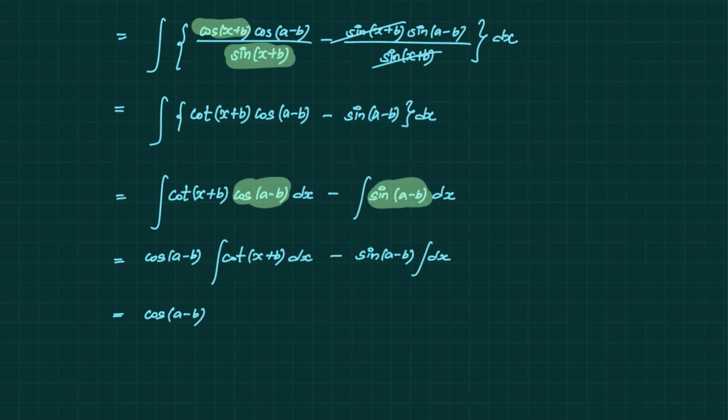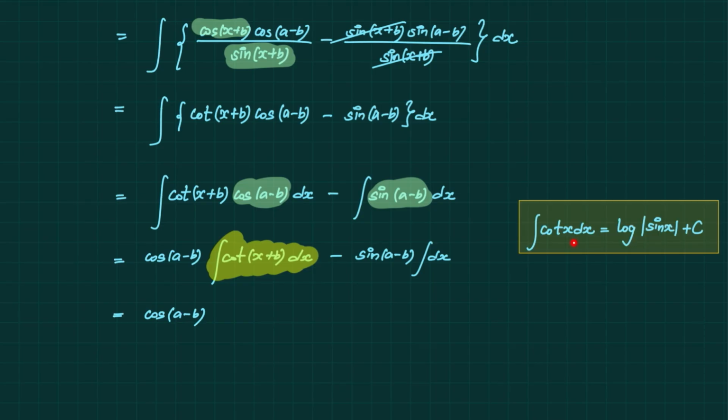Till now, we do not have the formula for cot x dx. But in the next section, we will learn that the integration of cot x dx is log of modulus of sin x plus c. So here we will use this formula to write the value of this.